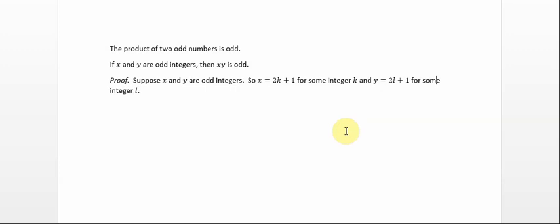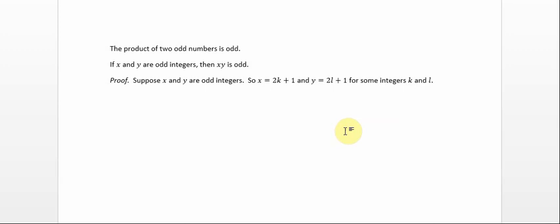Now this is not necessary, but I would probably rewrite this in a more natural way. I'll say, so x equals 2k plus 1 and y equals 2l plus 1 for some integers k and l. Just a little bit smoother way to write it, right?